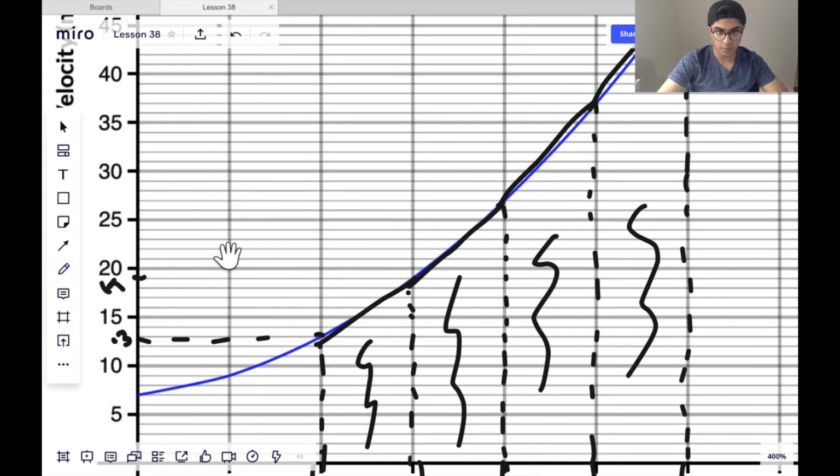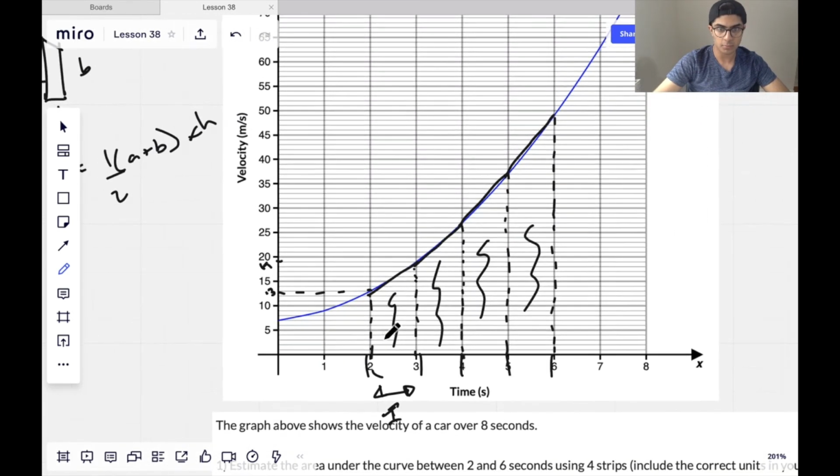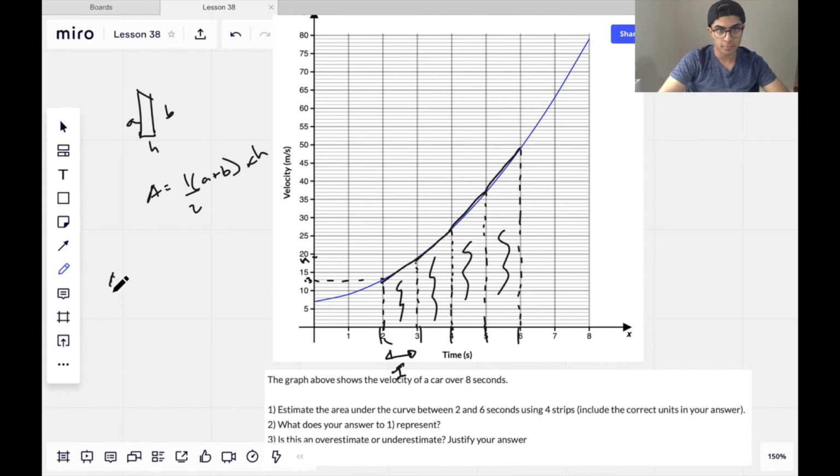So the area of this first trapezium is a half (a plus b), so 19 plus 13, times by height, which is 1, which is 19 plus 13 divided by 2, which is 16. And then you do the same thing for this one, for this one, for this one, and you just add them all up to get an answer.